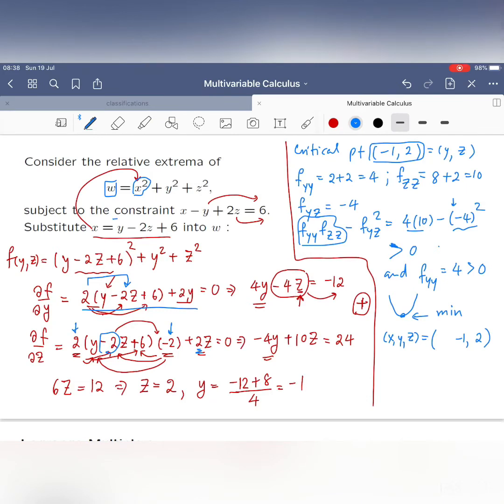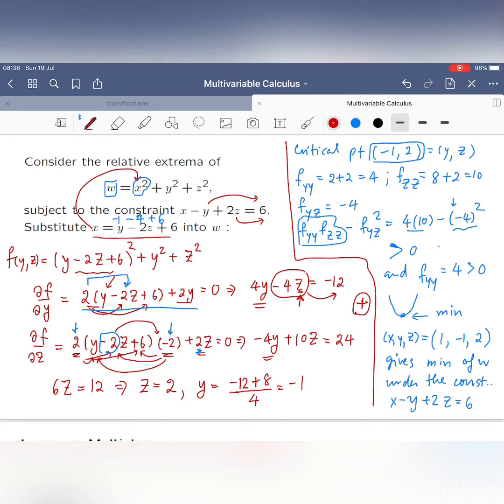So just plug in here -1 and then a 2, so you have a 4, and then a 6, okay, so you have -5 and 6, so you got a 1 for your x. So this one will give a minimum of w under the constraint x minus y plus 2z equals 6. Okay.